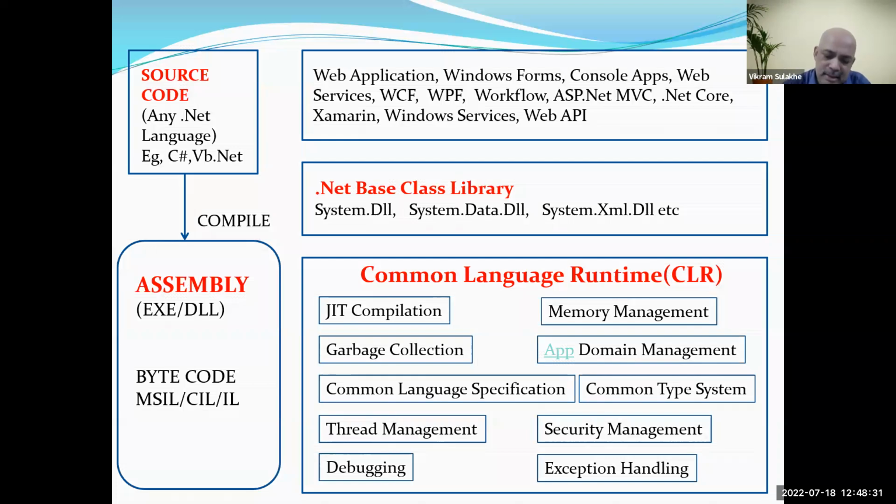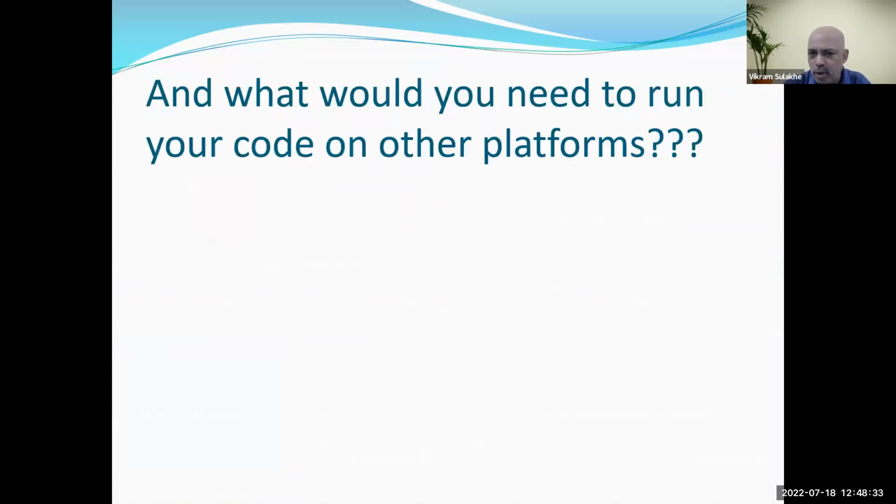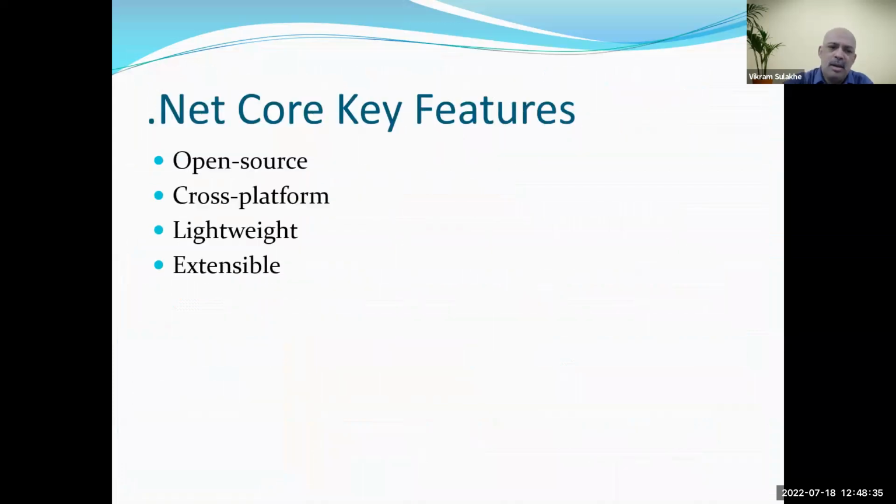Now this is a change in .NET Core. In .NET Core, your project will contain only the minimum required files for your code to run. You will not need all the files. Whatever is needed for your code to run will be included in your .NET Core.